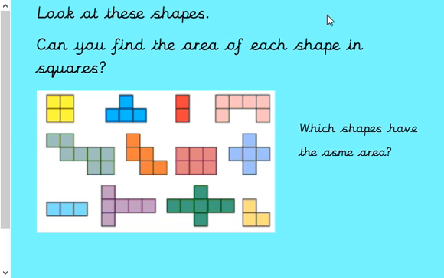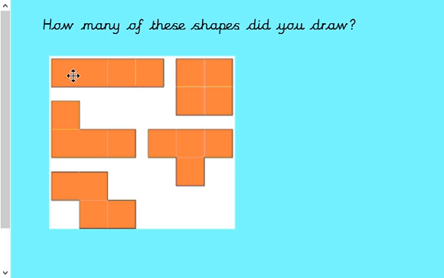Okay, our guided task this morning, I want you to look at all of the shapes on this screen. And the question is, can you find the area of each shape in square tiles? Okay, so if you think back to the previous page, each of these shapes had an area, a surface area of 4 square tiles. And you could count them, 1, 2, 3, 4. 1, 2, 3, 4.